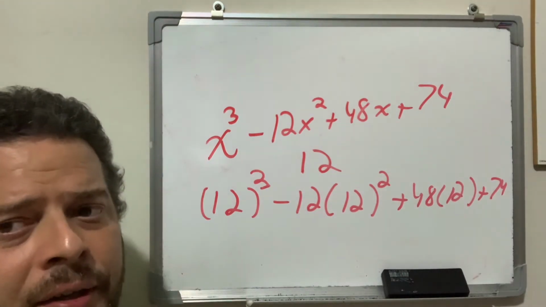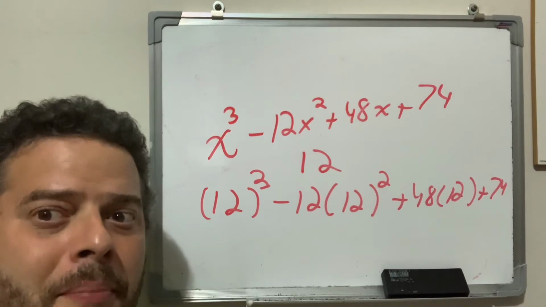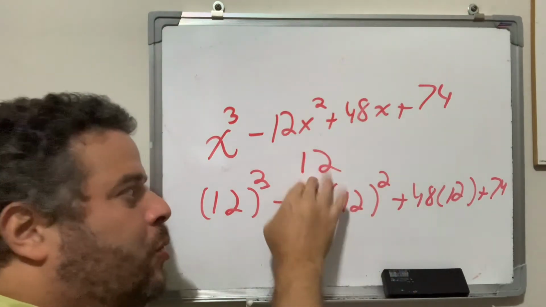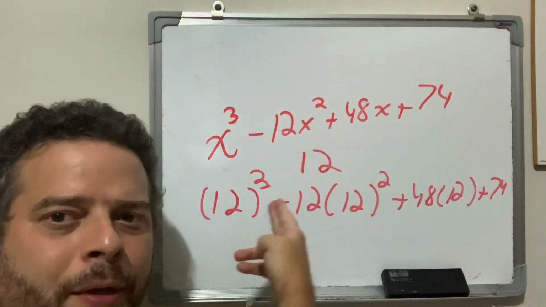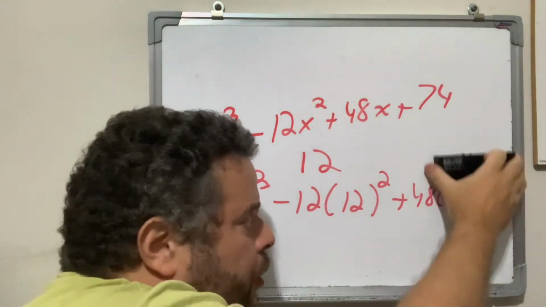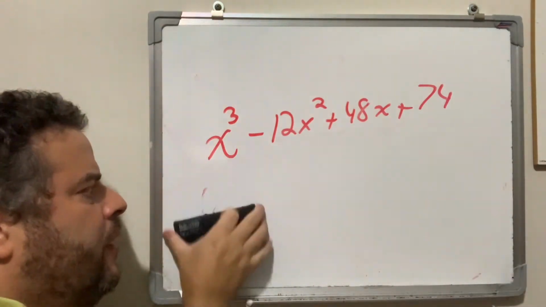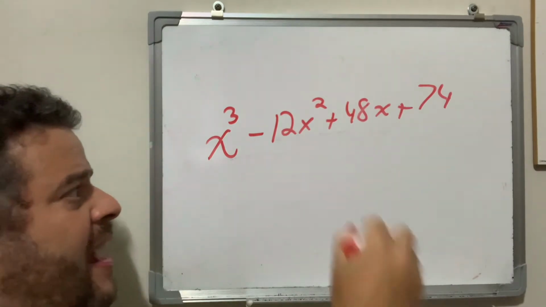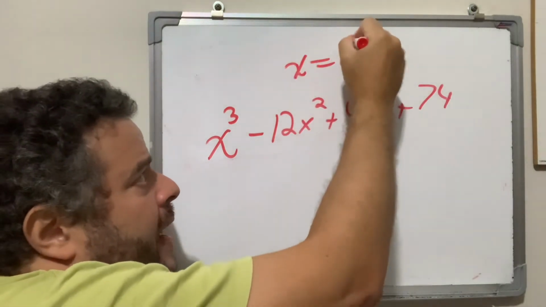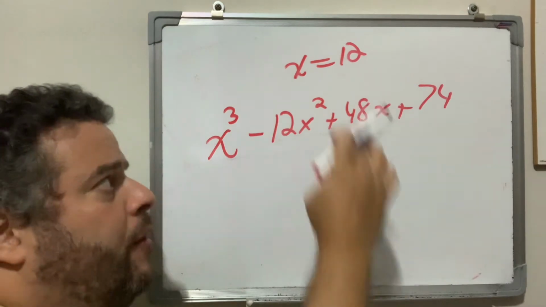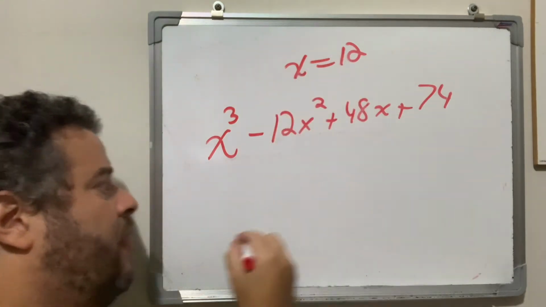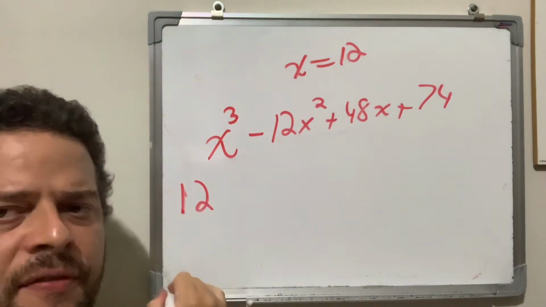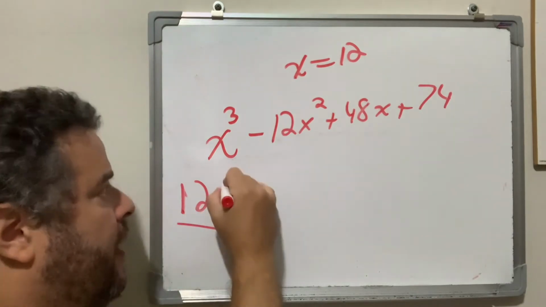Without a calculator, it's pretty uncomfortable. But now there's an easier way to evaluate this polynomial for 12. All you do is you do synthetic division, but you do not change the sign of the number they're asking you to plug in. If they're asking me to substitute a 12, I'm going to do a synthetic division using the number 12. And let's begin.